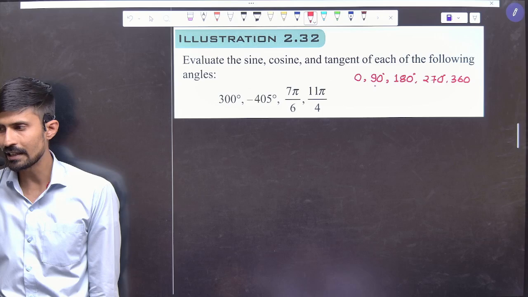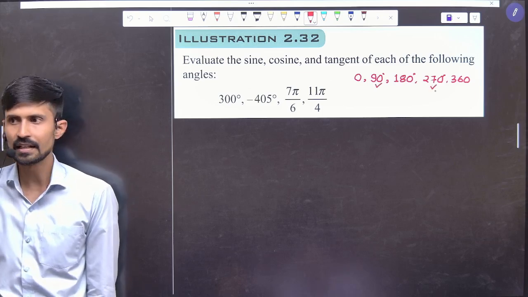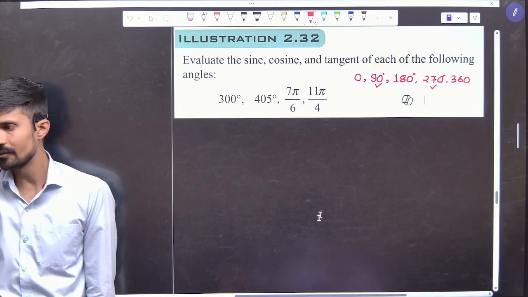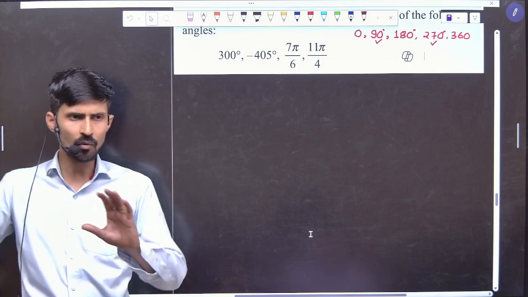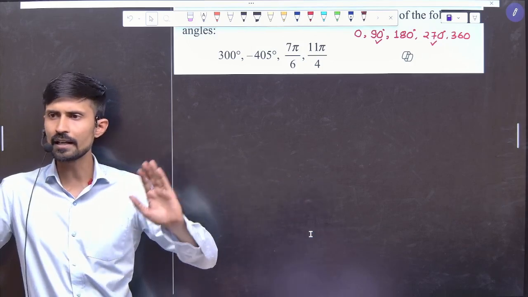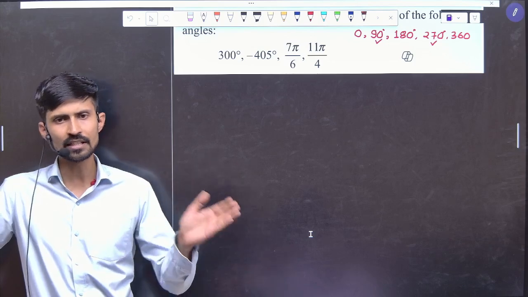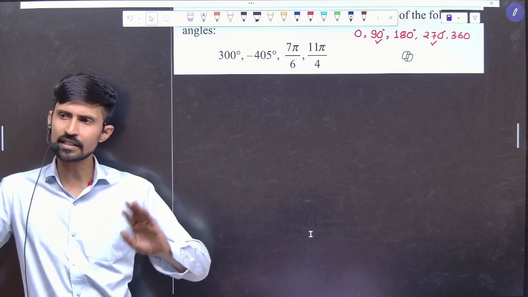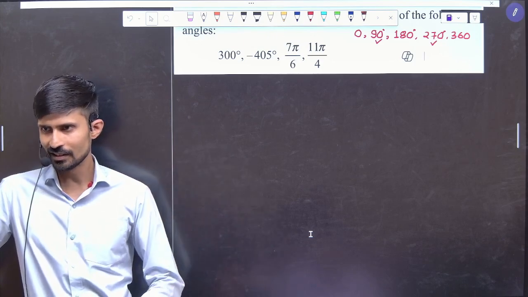So do you remember tan and 270 name will change. Tan and 270 name will change. So can you tell me what will be the name of tan changes to? Cot. Cot name changes to tan. Sine name changes to cos, cos changes to sine, cosec changes to sec, sec changes to cosec.